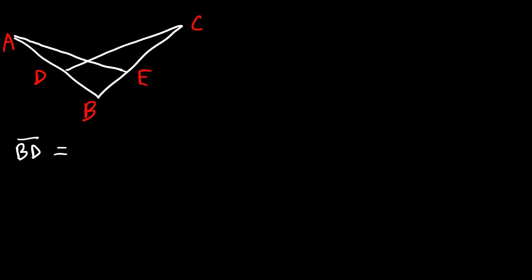Now let's consider our final example. So let's say this is point A, B, C, D, and E. And in this problem, we're given that BD is congruent to BE.